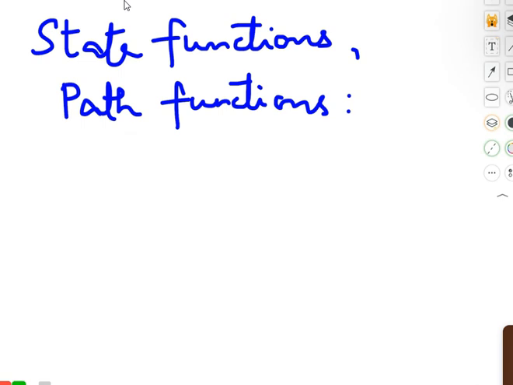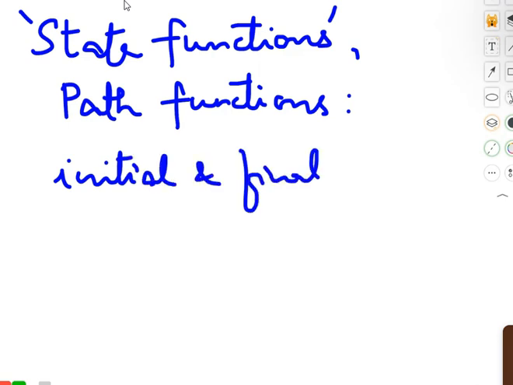Once again, what is a state function? A state function depends on the initial and final state of a system, but not on the path.